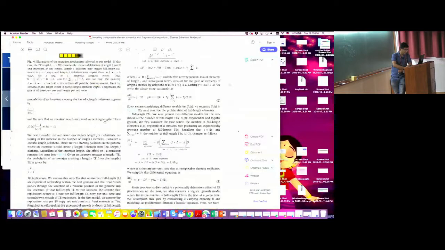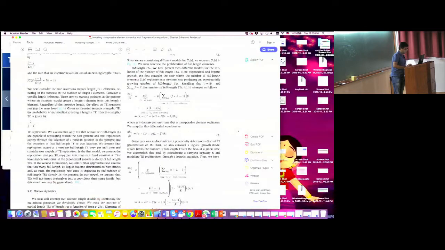And then they have this rate of insertion, which can result in loss of the existing length I, because once you have an insertion, the length changes. And since the length changes, you have a deletion in the component where the length was I, and an addition in the component where it's I plus 1 or I plus 2 or I plus F. So then they talked about that math here.